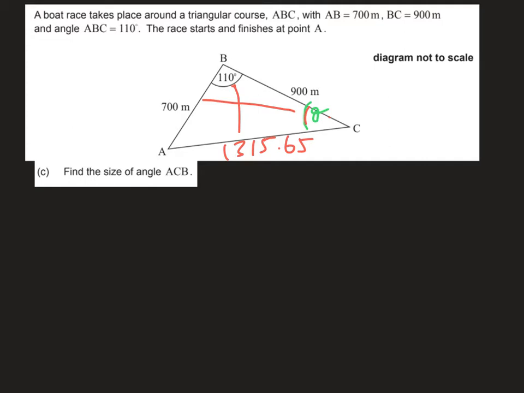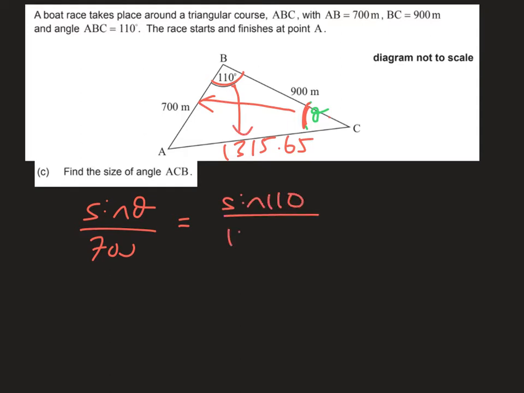So if we want to find the angle, we can put the angle on top. So sine theta, which is going to be this angle here, divided by the length of the side opposite, 700. So the ratio is going to be the same as the sine of this angle, sine 110, divided by the length opposite, which is going to be 1,315.65.